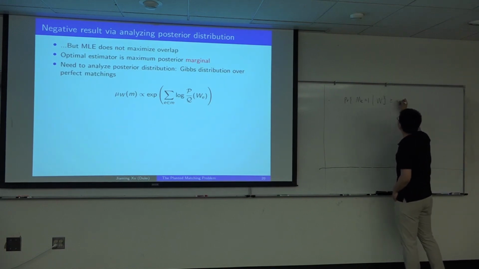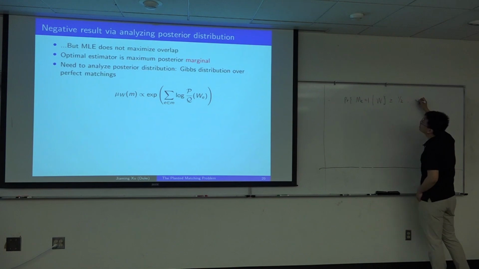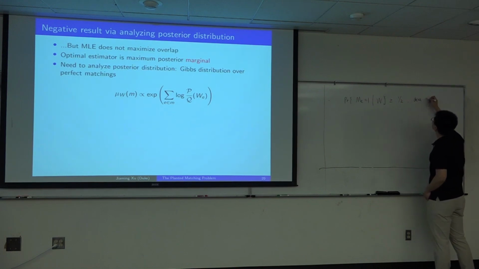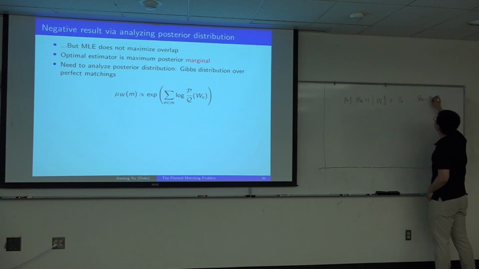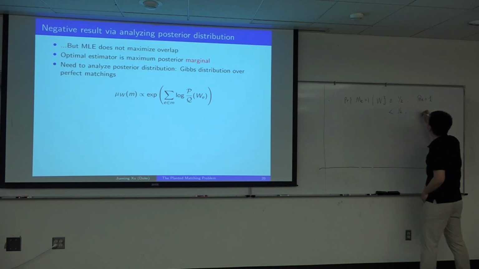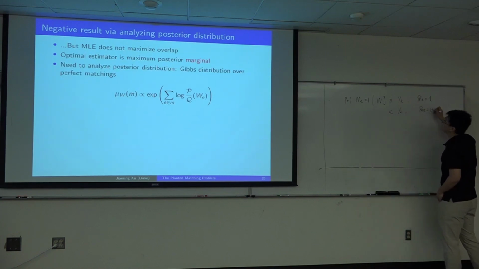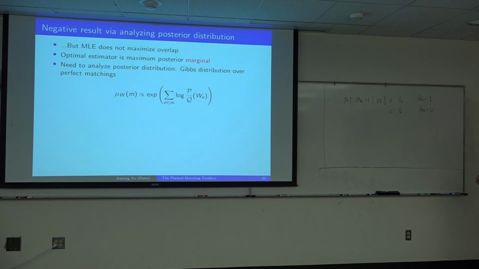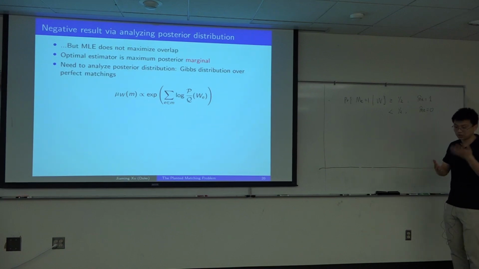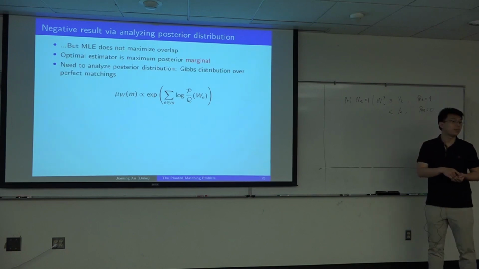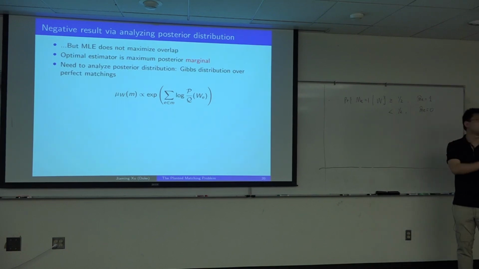If this is bigger than 1/2, then you put M_e equal to 1. And if it's less than 1/2, then you put M_e equal to 0. So it's basically just trying to compute this so-called marginal probability. For every edge in your observation, you compute the probability that this edge is a planted edge. If this probability is bigger than 1/2, you put it in your estimator. If it's less than 1/2, you do not put it.